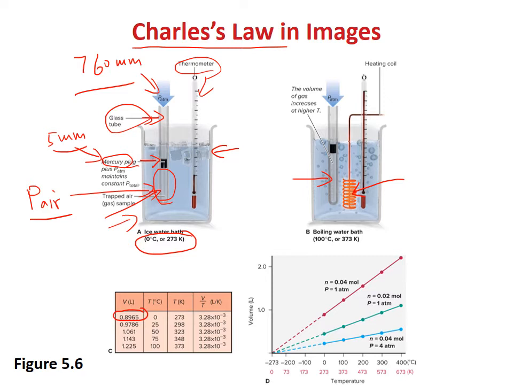The higher the temperature, the more the volume expands. At 25 Celsius, the volume becomes 0.9786. When temperature goes to 50, volume becomes 1.061. If we plot volume against temperature in Kelvin, absolute temperature, we get a straight line.